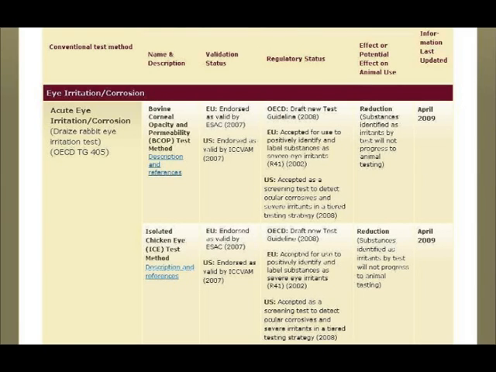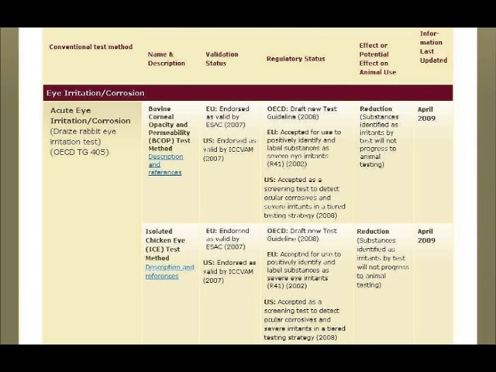Under regulatory status it says OECD draft new test guideline. In the EU it is accepted for use to positively identify and label substances as severe eye irritants. And in the US it says it is accepted as a screening test to detect ocular corrosives and severe irritants in a tiered testing strategy.